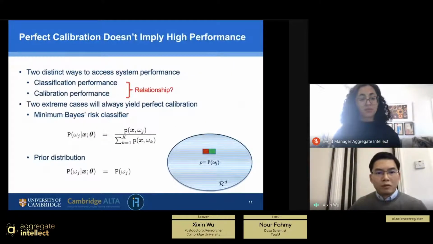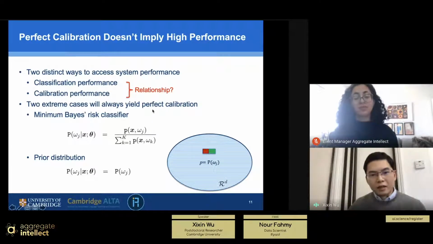So we already talked about classification performance and calibration performance. These are two ways to assess system performance. But what's the relationship between these two? We can find two extreme cases that can yield perfect calibration, meaning their predictive probability always indicates the true accuracy. One system is the minimum Bayesian risk classifier.